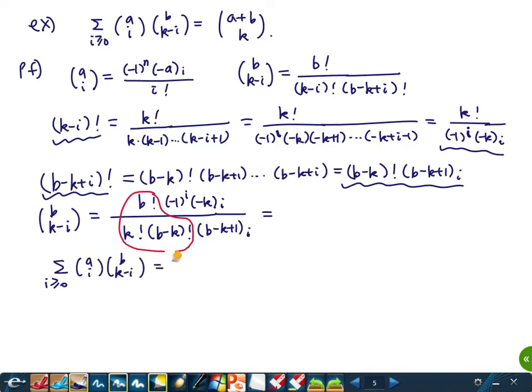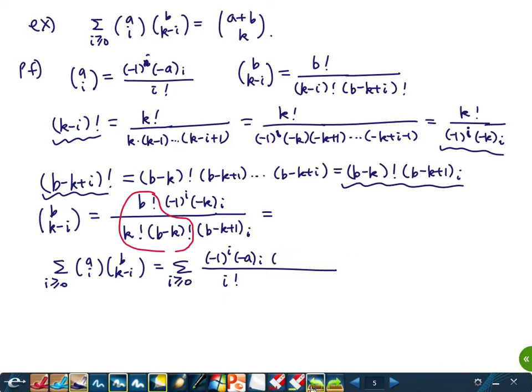So now everything in one place. Minus 1, here again i. Minus 1 raised to i minus a, i factorial. In this part, I wrote that down over here.